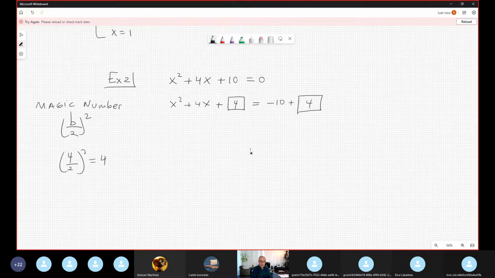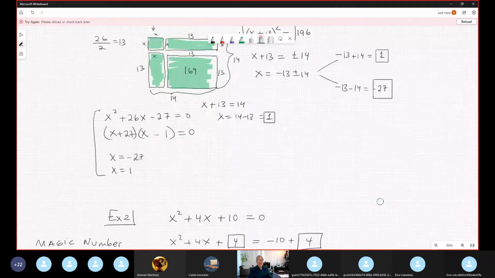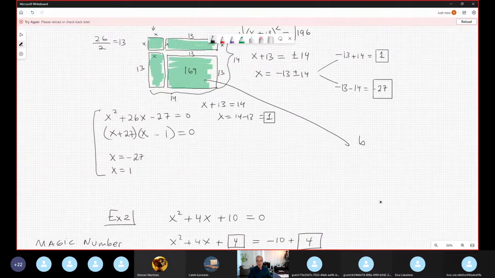Okay, and the other example was 26. You always split into a part and a square, and that part in this example is b over 2 squared.